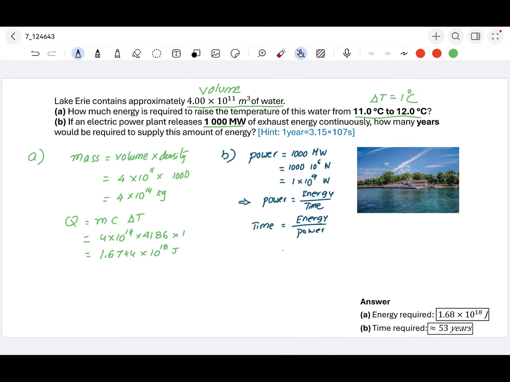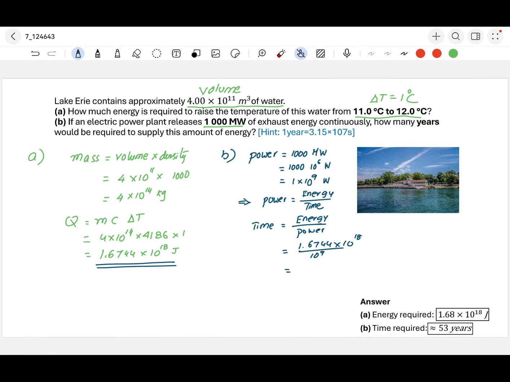We can write like this. This is the total energy required to raise the temperature of the water. So this much is the Q. This energy divided by the power, that is 1.6744 times 10 to the power of 18 divided by 1 times 10 to the power of 19.